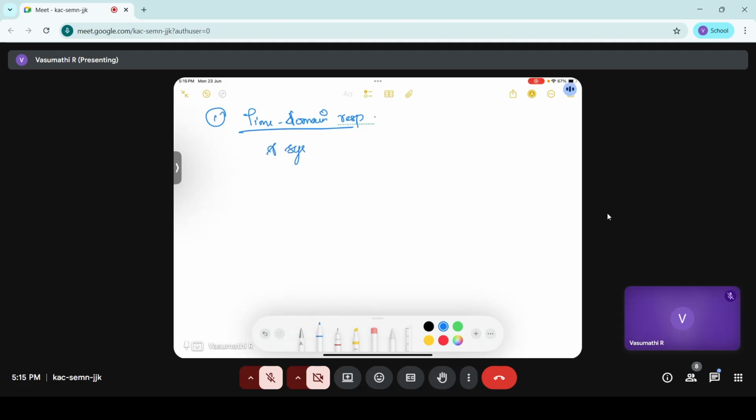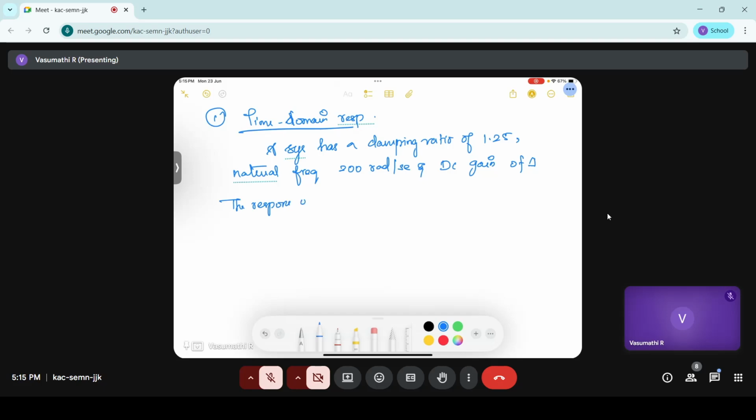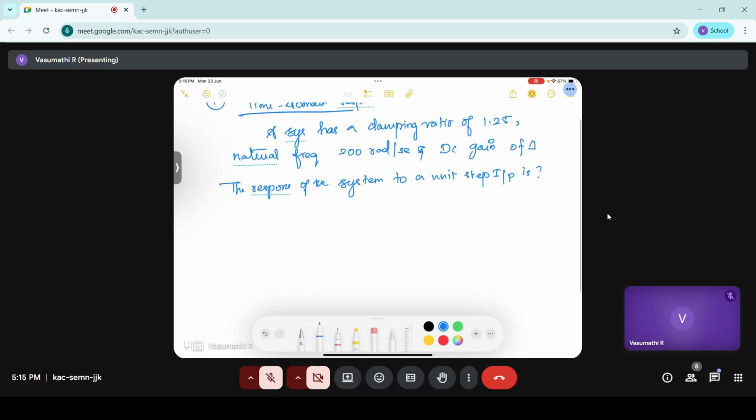A system has a damping ratio of 1.25, natural frequency 200 radians per second, and DC gain of 1. The question is the response of the system to a unit step input.